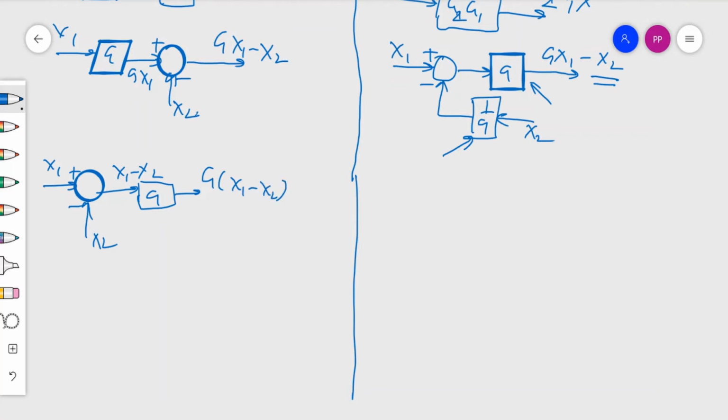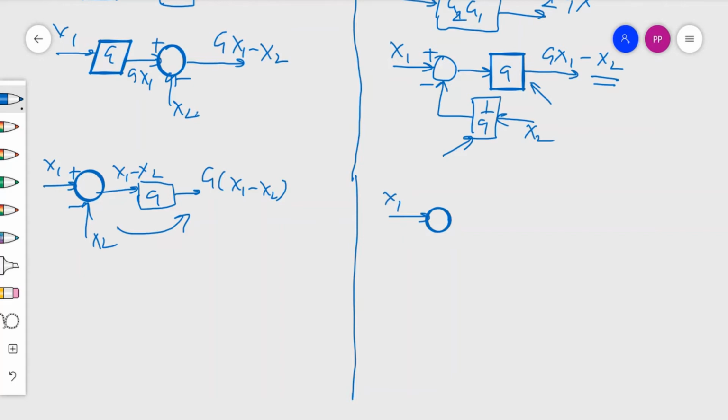This is equivalent to the situation where I have x1, and I am shifting the point x2 over here, after the block.